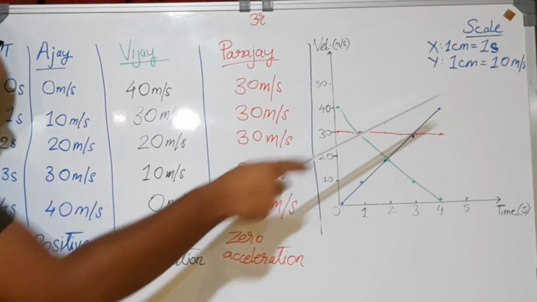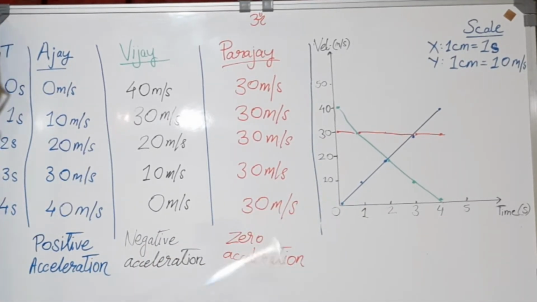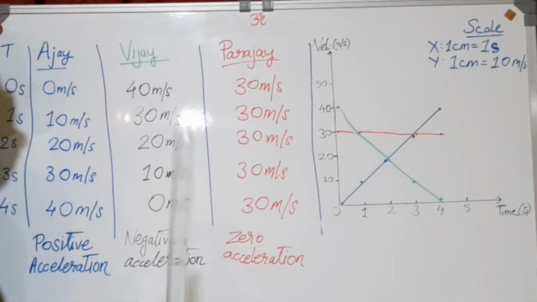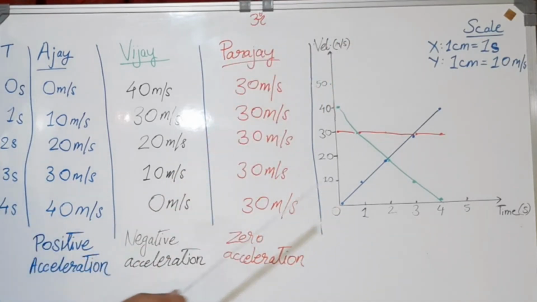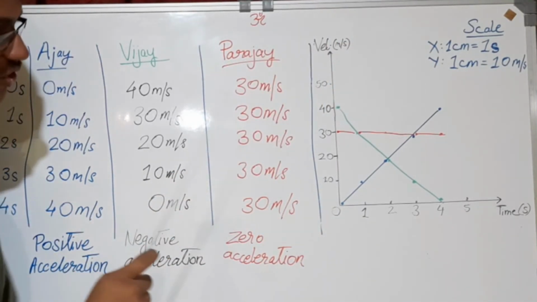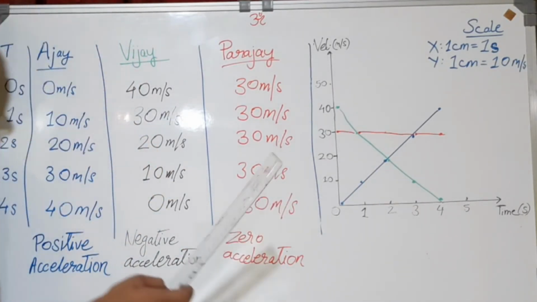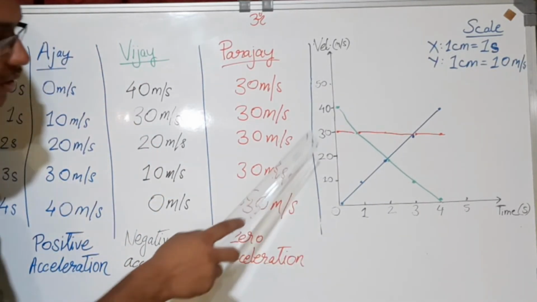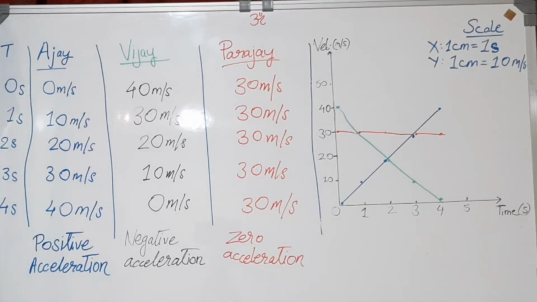Slope will be like this. The angle will be an acute angle, less than 90 degrees. Okay, this is a rising slope, so it will be a positive acceleration. This is a declining slope, downhill we are going, so the slope will be negative.